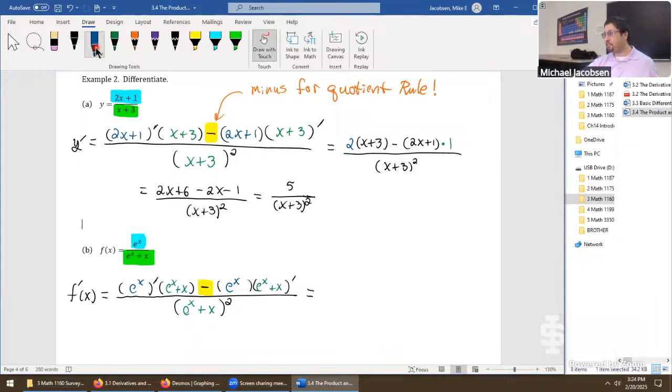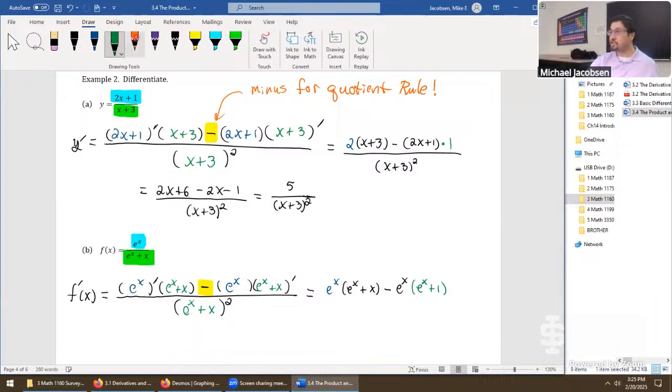Awesome. Some of the derivatives are pretty straightforward. For example, the derivative of e to the x is just itself. So there it is. That multiplies e to the x plus x, minus e to the x. And we have to be careful with this derivative, actually. When we go to differentiate it, we get e to the x plus 1.